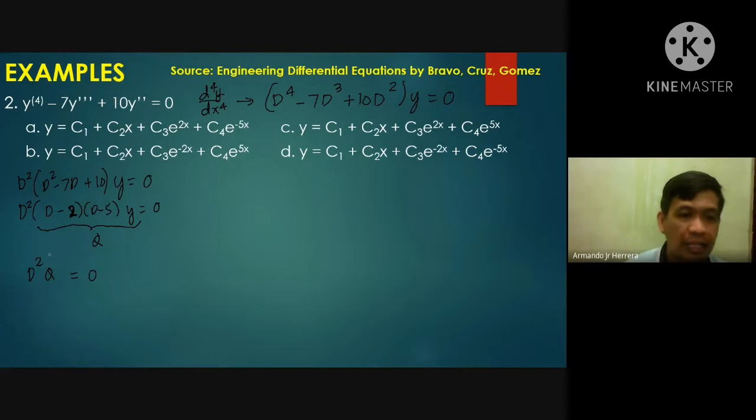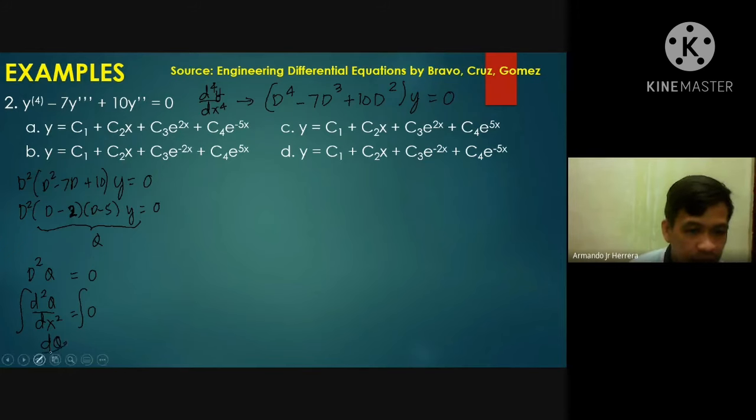So, di ba pagka d squared q, pwede natin siyang i-rewrite as second derivative of q with respect to x is equal to 0. So, since to eliminate this second derivative, I just need to integrate this twice. So, magiging itong dq dx is equal to c1. So, because the integral of 0 is constant 1.